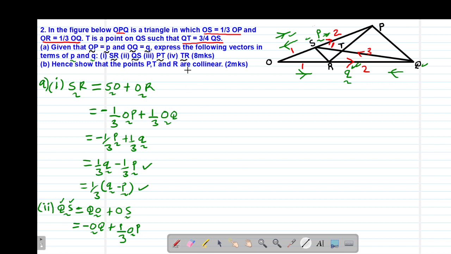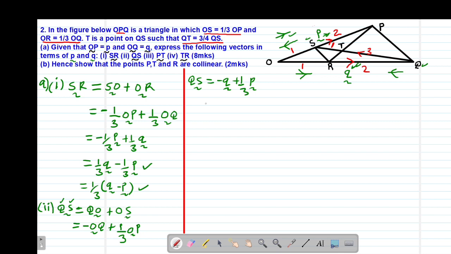Then I'm going to separate these two with a line this way, so that if I proceed with my working, I need to substitute the values here. So that means that QS, the vector of QS, will be equal to negative OQ, but vector OQ is actually Q, so this will be negative Q, then plus a third of vector OP. Vector OP is simply vector P.